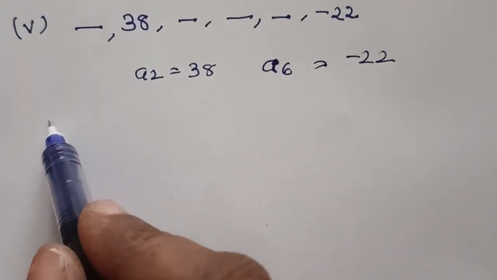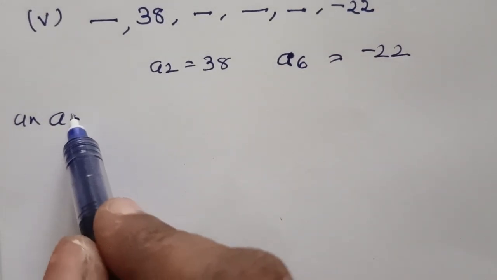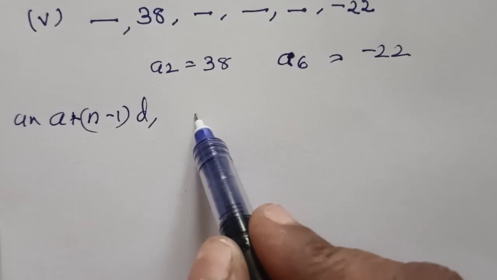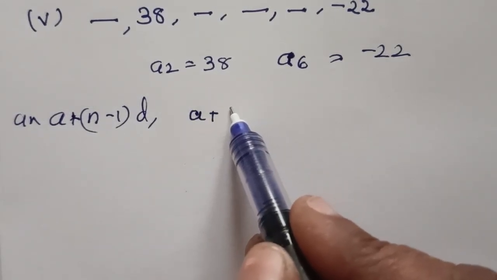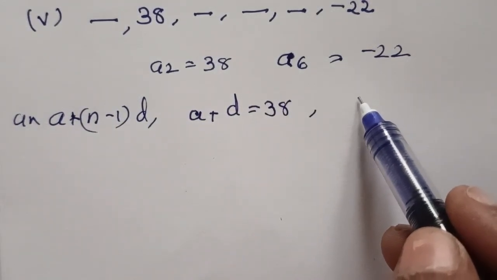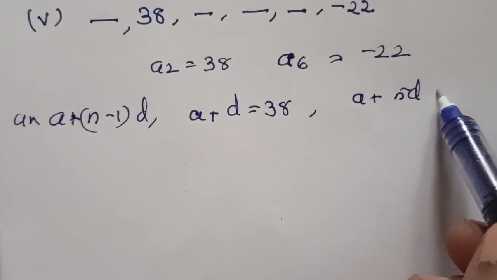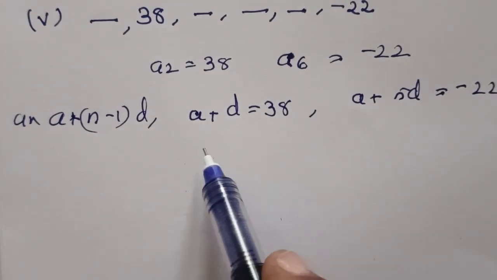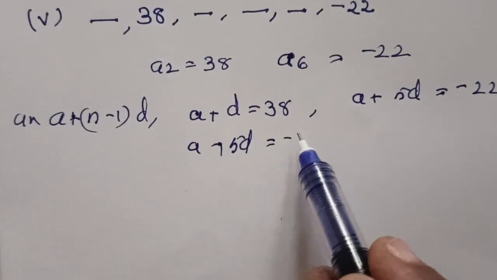So, here we are using the formula an equals a plus n minus 1 into d. A2 is a plus n minus 1, 2 minus 1, it is 1, 1 into d, that is equal to 38. And here it is A6, that is a plus n minus 1, 5d, that is equal to minus 22. So, a plus d equal to 38, a plus 5d equal to minus 22.